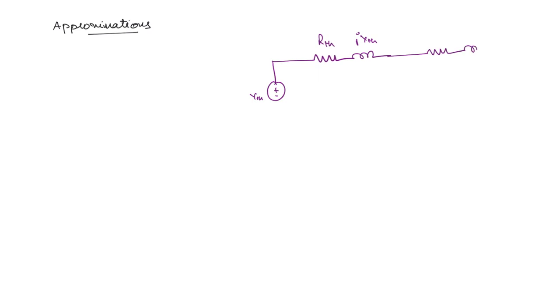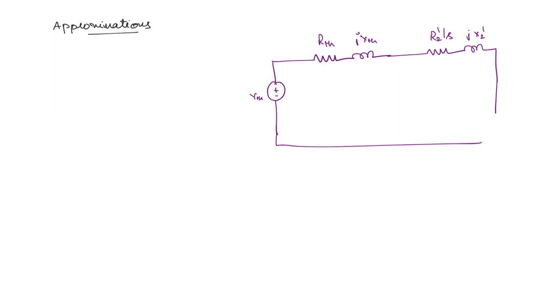Now for easy analysis, often we do some approximations. Okay. So if you remember this Thevenin's equivalent circuit that we have derived, VTH, RTH, JXTH, and here we have the rotor R2 dash by S and JX2 dash, right?